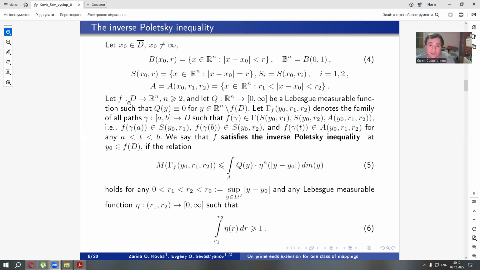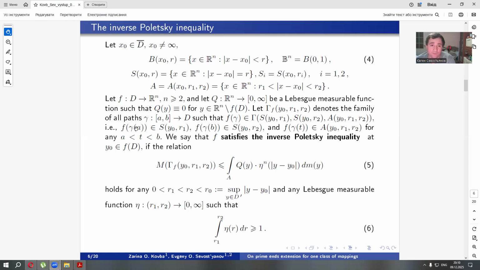Let f be a mapping, n bigger than 2, and Q be a Lebesgue measurable function such that Q vanishes outside of f(D). Let Gamma_f(y_0,r_1,r_2) denote the family of paths gamma such that f(gamma) belongs to this family of paths.